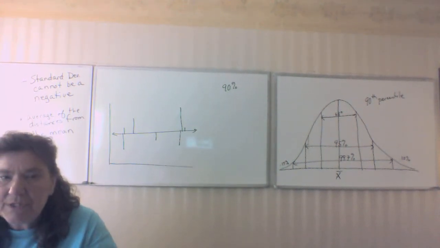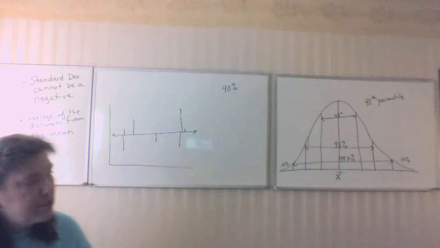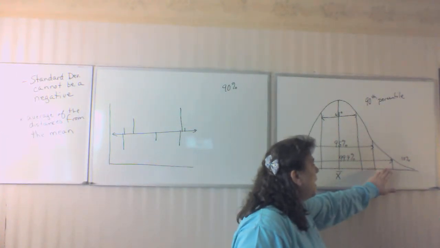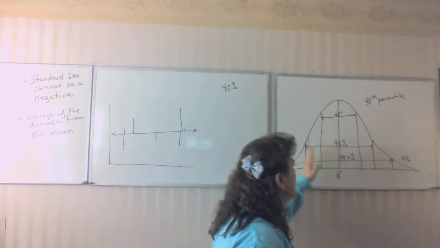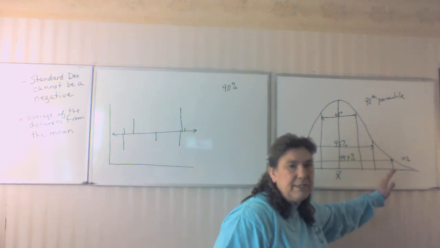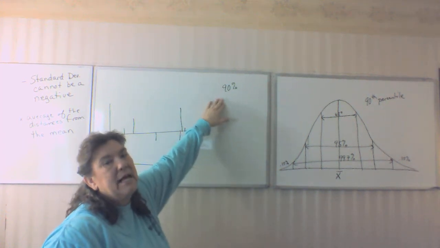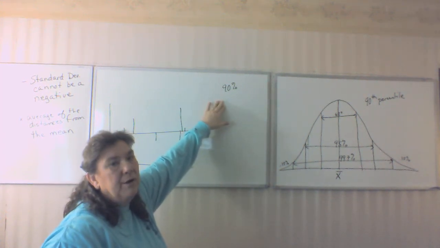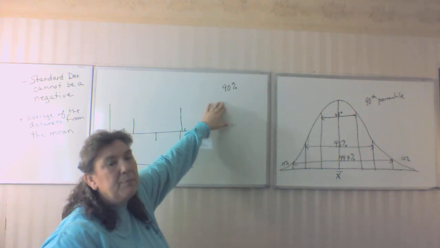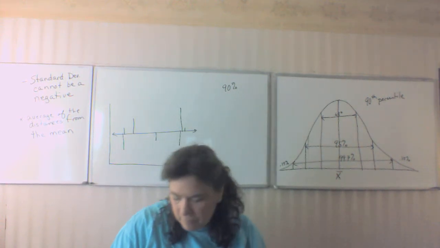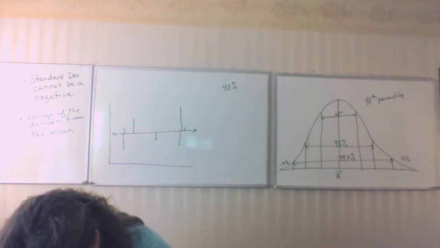Percentile deals with exactly where you are in relationship to everyone that took the test, whereas 90% is the exact grade that you got on the test, in relationship of what you got correct to the total number of problems possible.